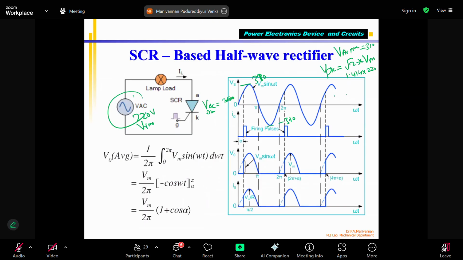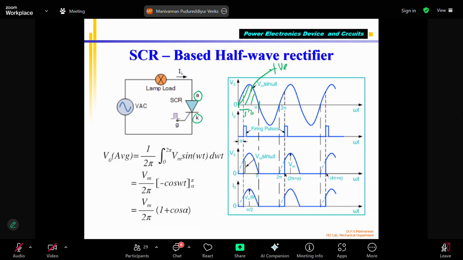You can see that this voltage is similar to what the diode half-wave rectifier gets. Now, please note that during this cycle, which is called the positive cycle, anode is positive, cathode is negative. From here up to pi, this is the 180 degree positive cycle.